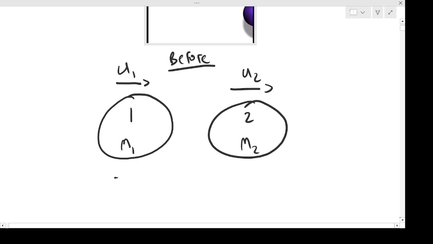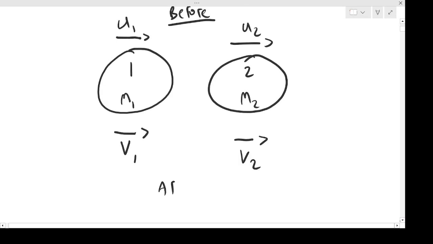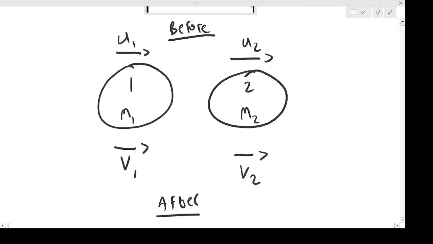Then they collide, and let's say afterwards their speeds are v1 and v2. Those are the speeds afterwards. Hopefully happy with this diagram. So we expect, obviously, when two things collide, their speeds are going to change. Those are the speeds before and after.